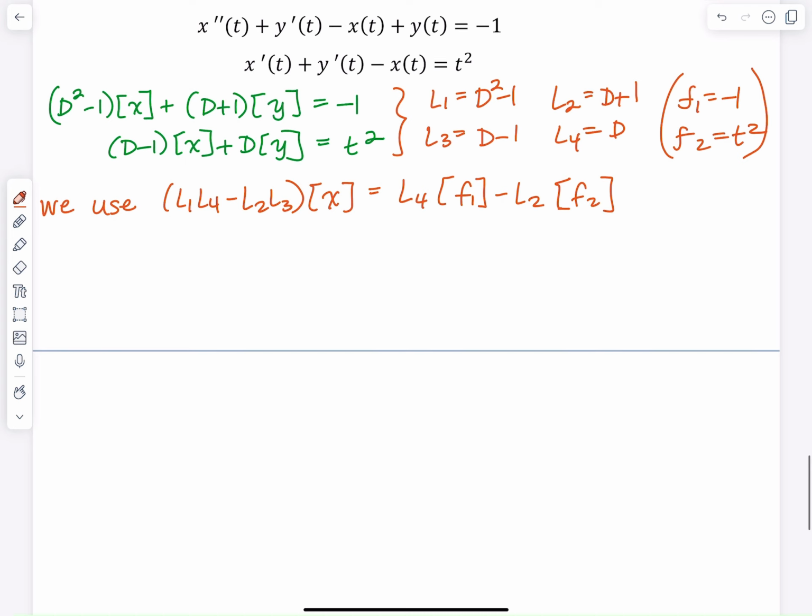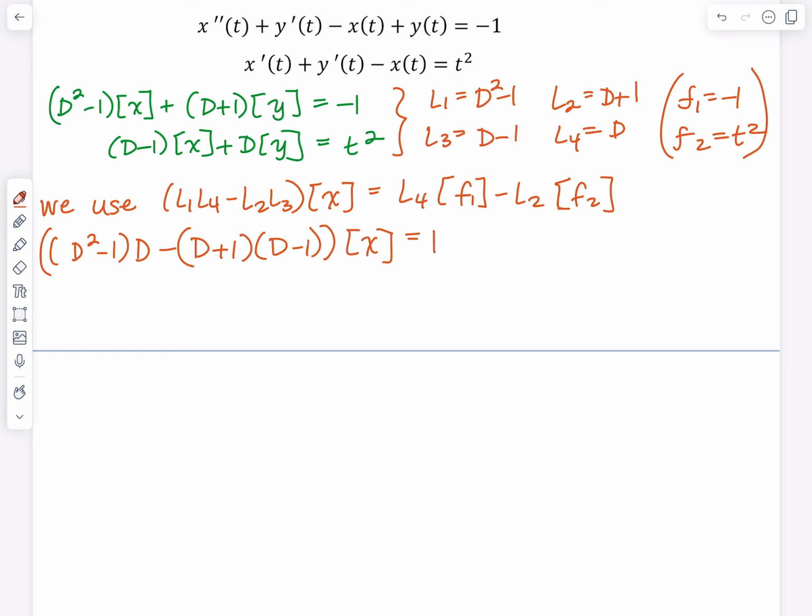So we have d squared minus 1, that's our L1, multiplied by d, minus d plus 1, that's L2, multiplied by d minus 1, all of x is equal to, there's our L4 of -1, L4 is d, minus d plus 1, which is our L2, of t squared.